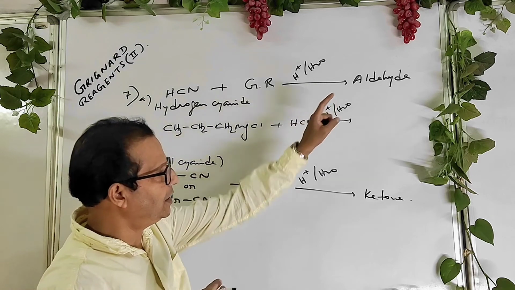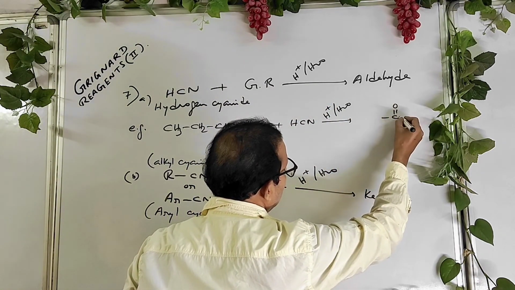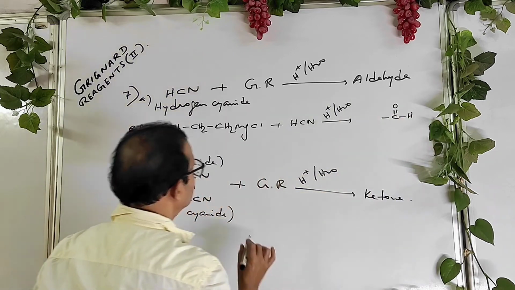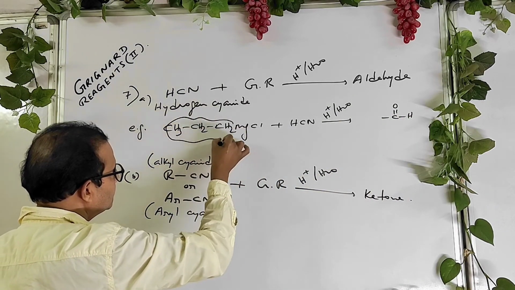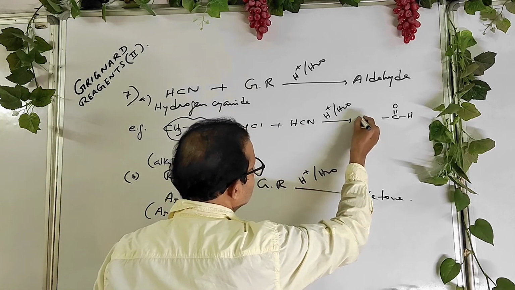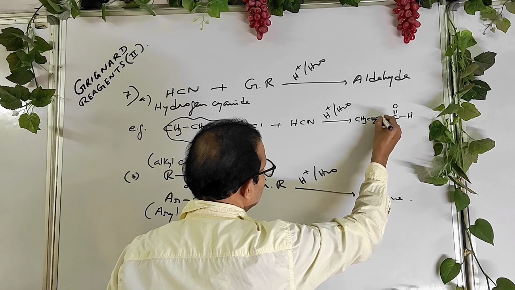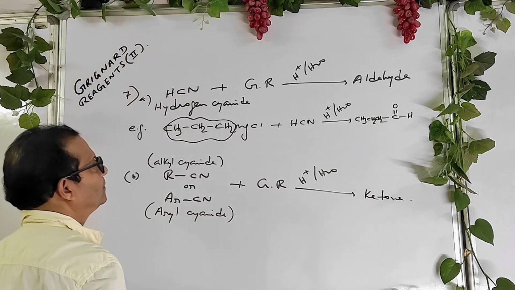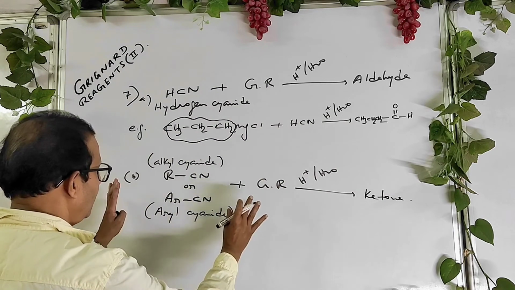You know that aldehyde is the product here. So draw the aldehyde group and write the rest. It is CH3, CH2, CH2. Just insert it here.